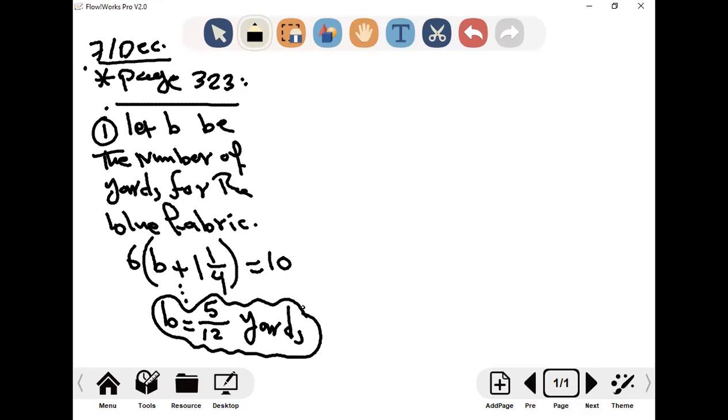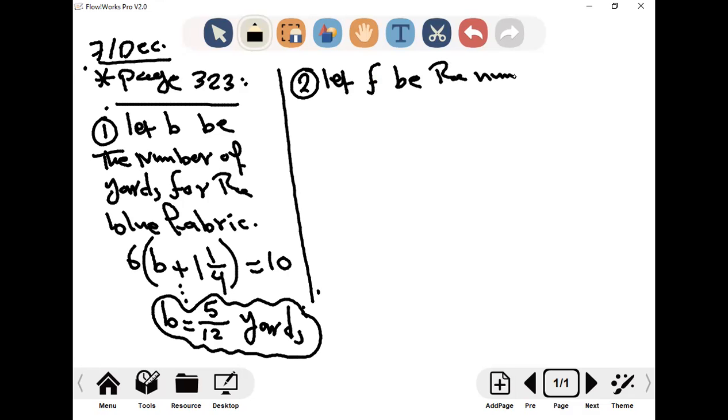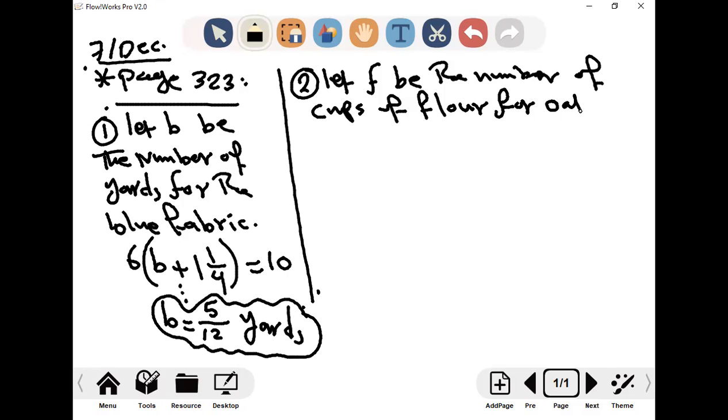So let, C, B, any letter is fine, let F be the number of cups of flour for the oatmeal, right?